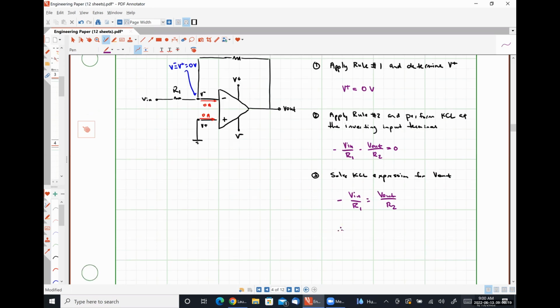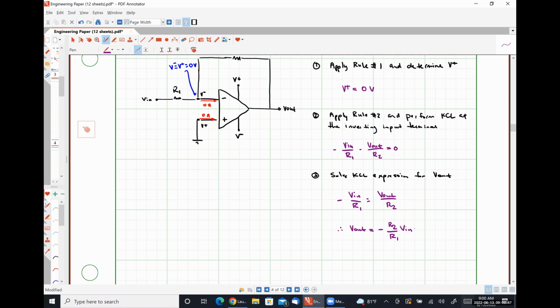And from here, V out is negative R2 over R1 times V. Okay. These are the three steps that we are going to perform when we're analyzing any ideal op amp circuit.